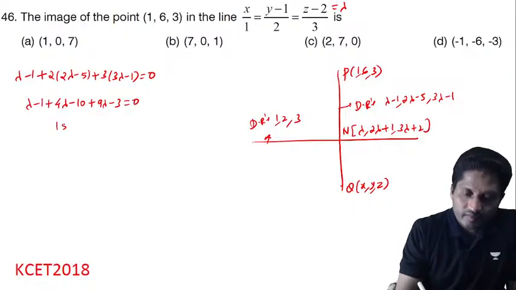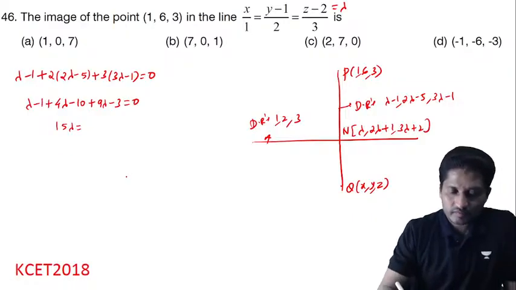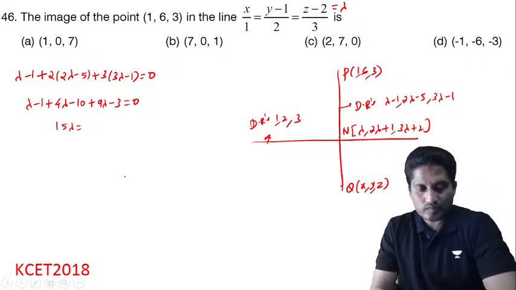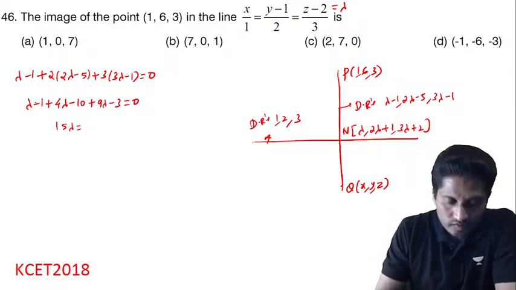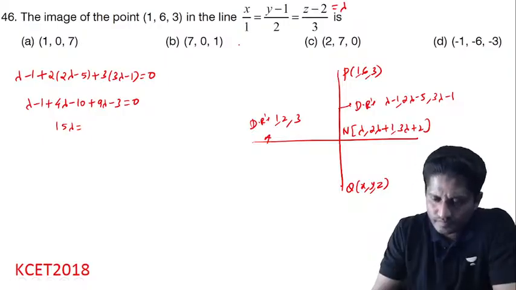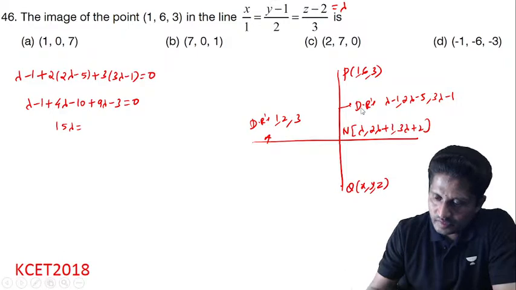We get 15 lambda minus 1. Sorry, this is lambda only, no? Right.